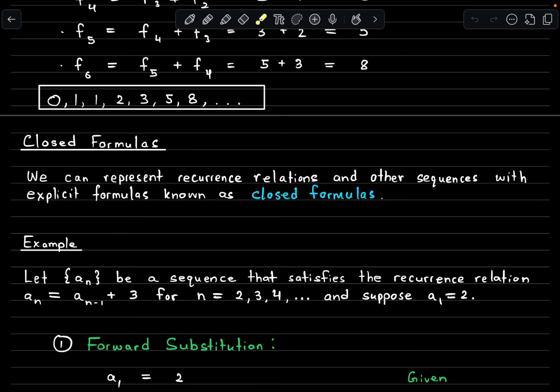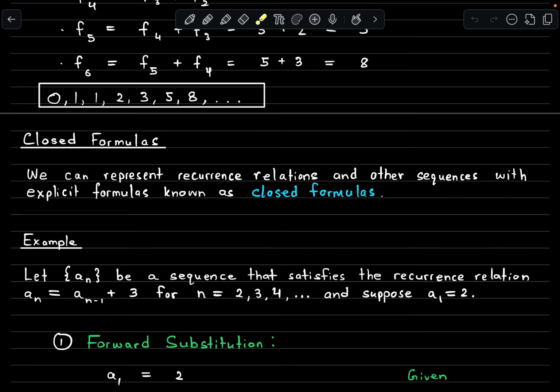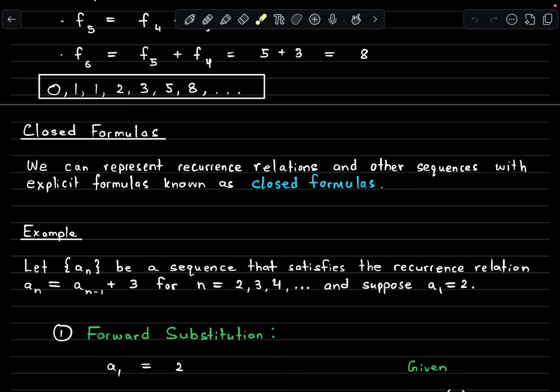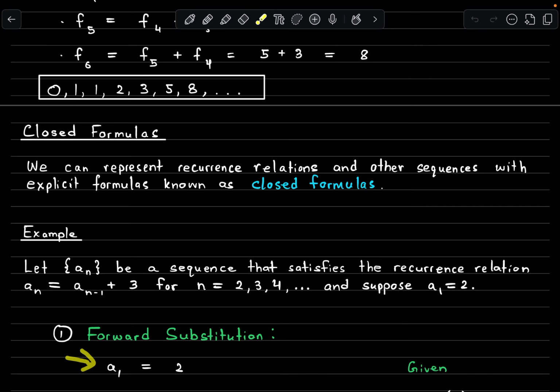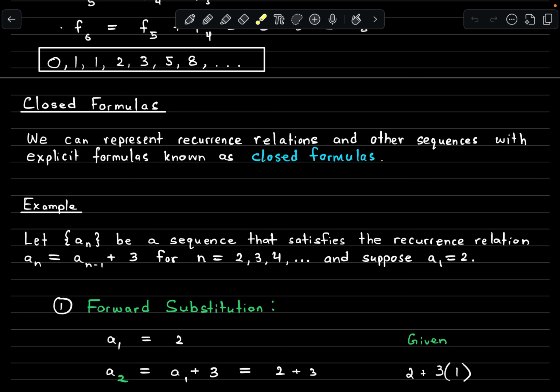And this is not really any different than the procedure that we've been using so far. But one thing we're going to do is not simplify right away, okay? So we've got a sub 1 is equal to 2. That's what we're given. Well, I'm going to add 3 to that according to my recurrence relation. I'm going to leave that as 2 plus 3. I'm not going to simplify that to 5. Okay, so in other words, this is 2 plus 3 times 1.